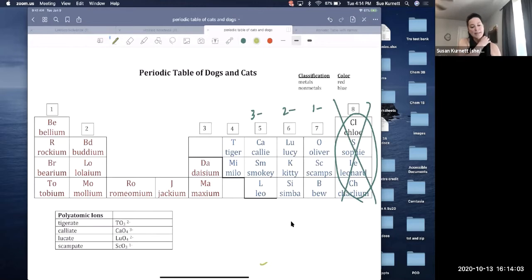Okay, and then the next thing is, you know that there are line leaders, and the line leaders kind of give us an idea of what's happening in that group. So for this group, Tiger is the line leader. And if we have this, let's say that you encountered MiO3 2-, and it might be because it's connected to 2 +1 ions.